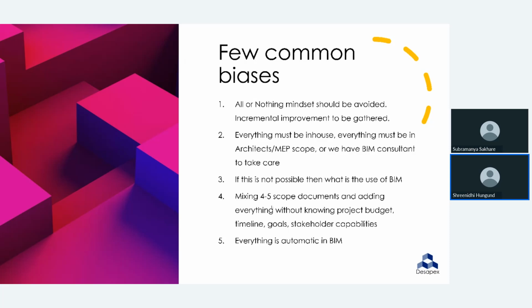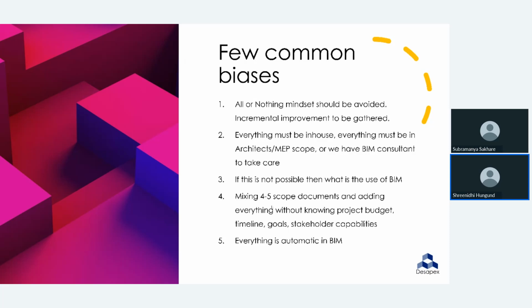And then scoping, mixing 4 to 5 documents and adding everything without knowing the project budget, timeline, goals, stakeholders, or stakeholders' capabilities. This is also something we are seeing in the current market: developers or project management companies have all these RFPs which they have floated for different clients.